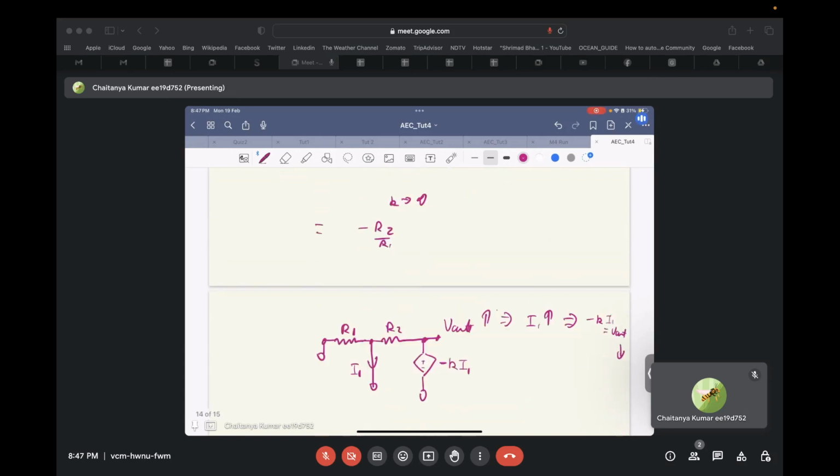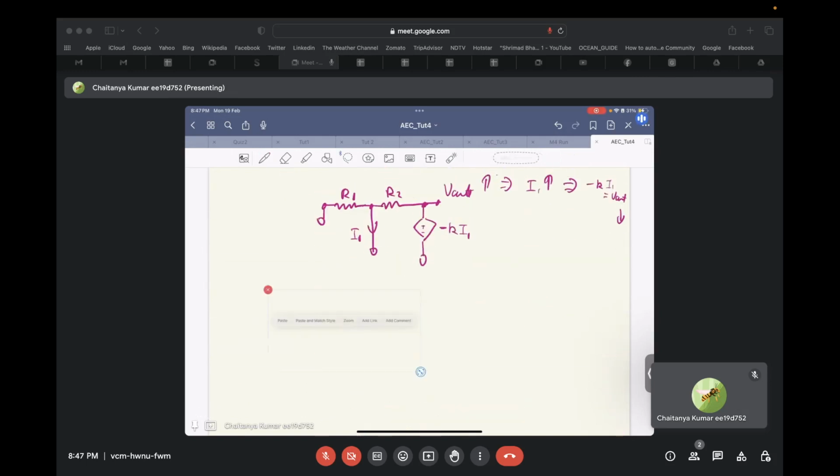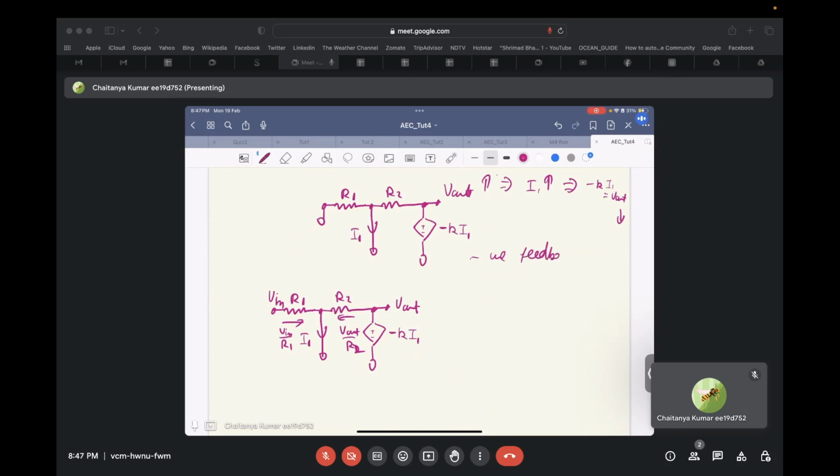If the circuit is in negative feedback, then the controlling terminal, that is I1, will go to 0.